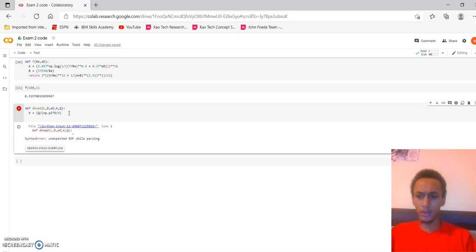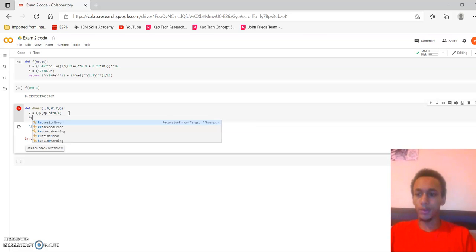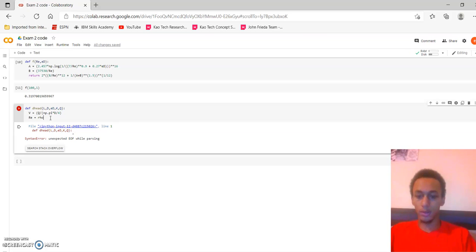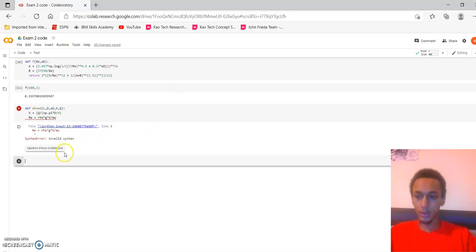And what we're going to need is a row value. We're trying to find Reynolds number. So Reynolds number equals row times G times V divided by mu. So we're going to actually have to define some functions.